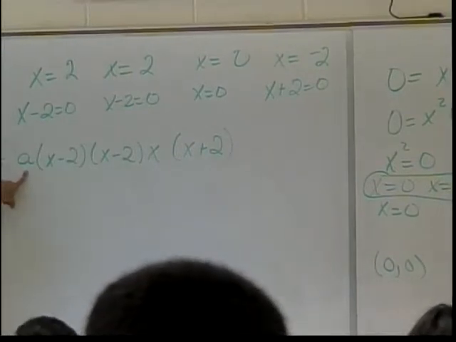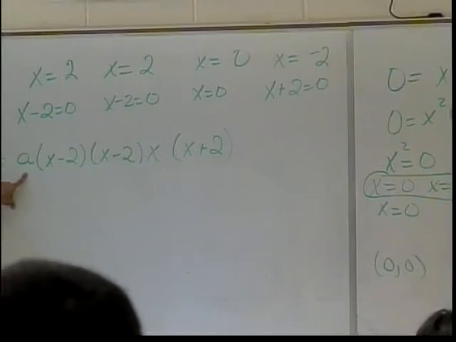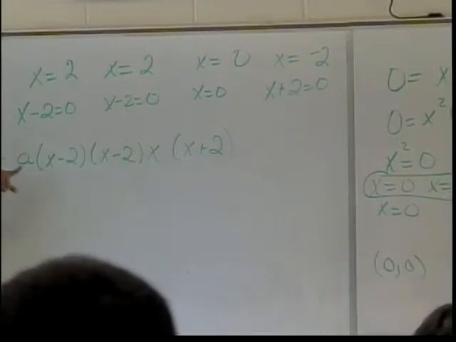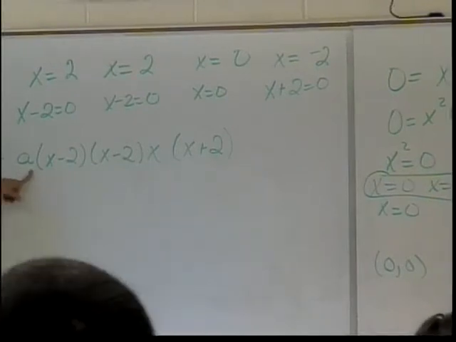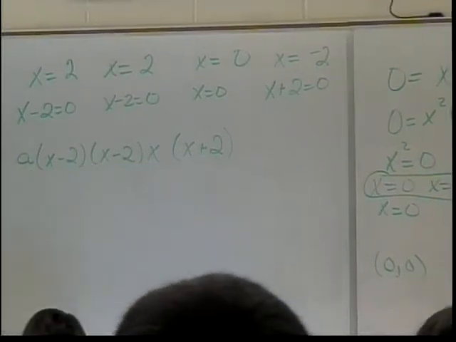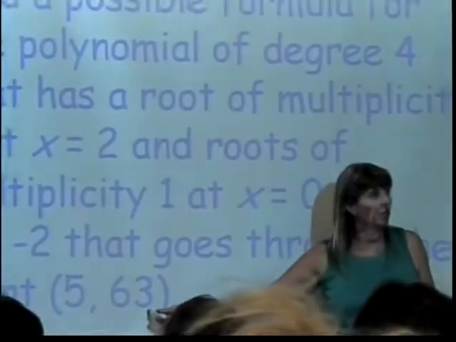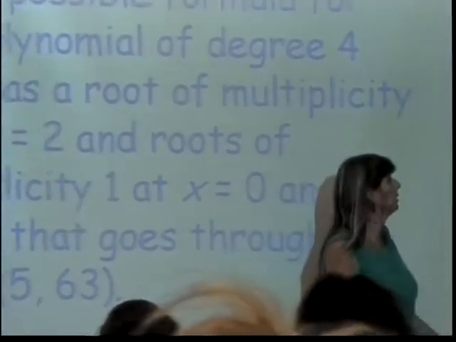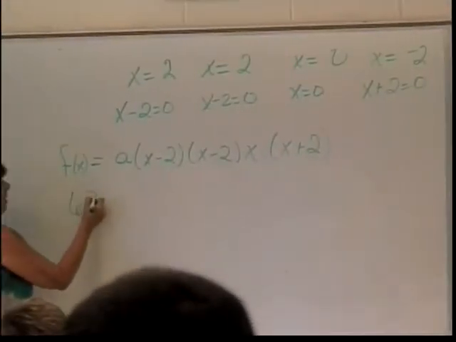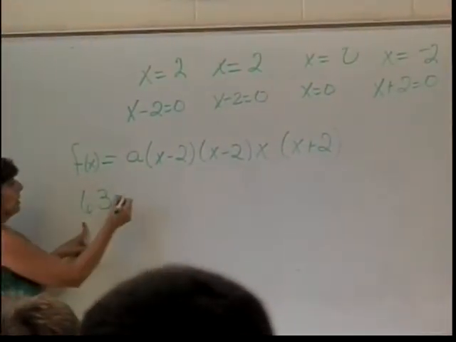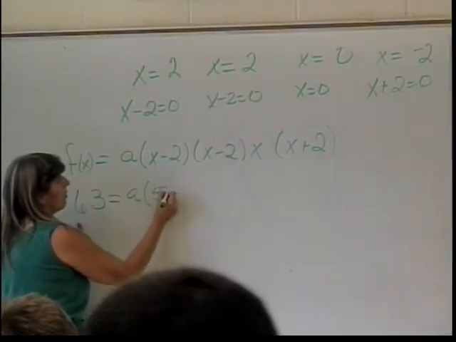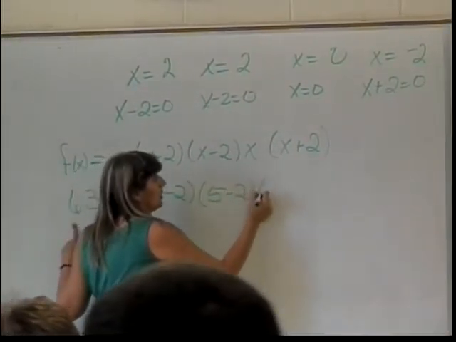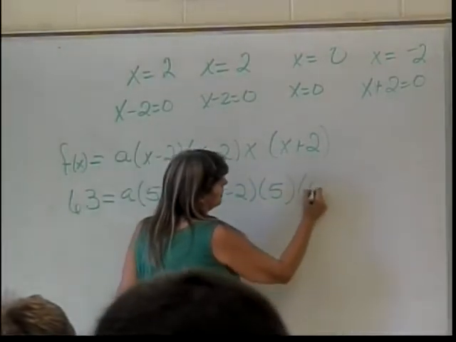This looks an awful lot like what we did in problem 6, where we had our vertex form and plugged in our pieces. How would I find a? Just like with vertex form, this point is going to do it. It says when I put in 5 for x, I should get out 63. So I'm going to solve for a by making this 63 equals a times 5 minus 2 times 5 minus 2 times 5 times 5 plus 2.